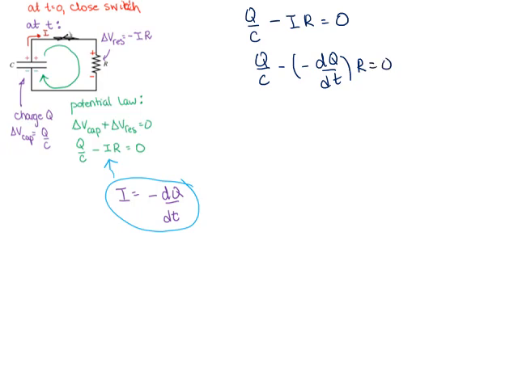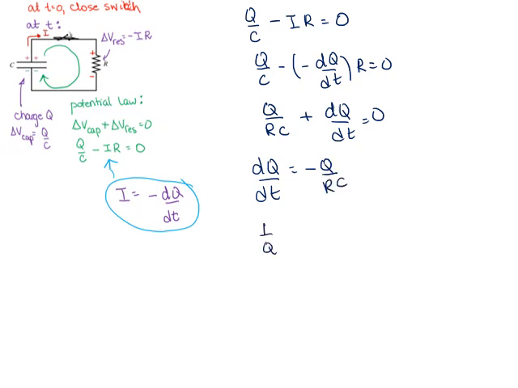So divide everything by R, Q over RC plus, so minus times minus gives us a plus, dQ/dt equals 0. So dQ/dt equals minus Q over RC, or 1 over Q dQ equals minus 1 over RC dt.